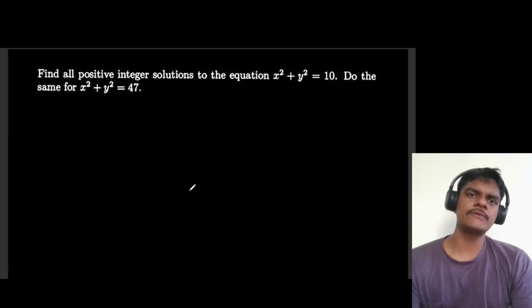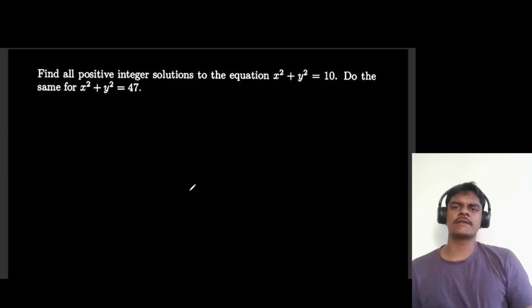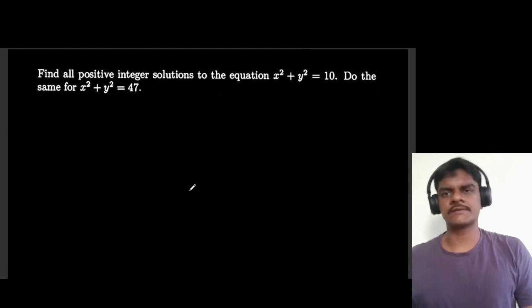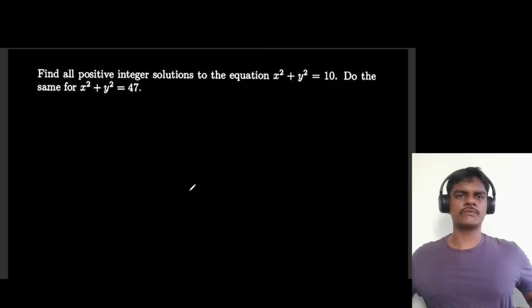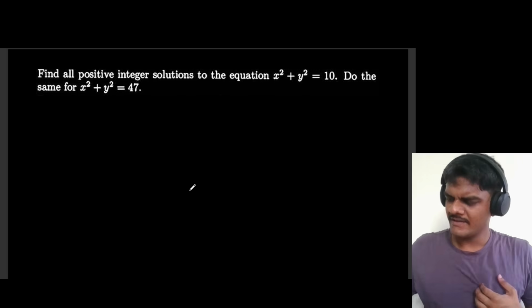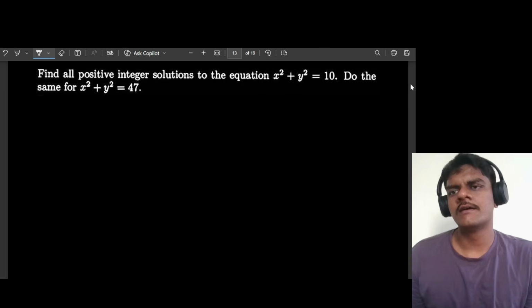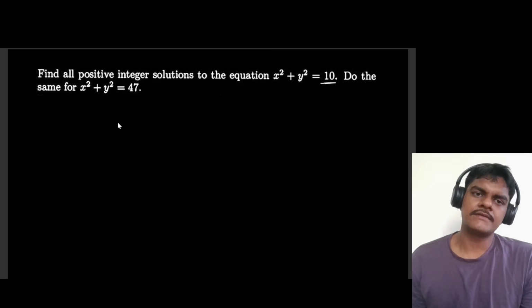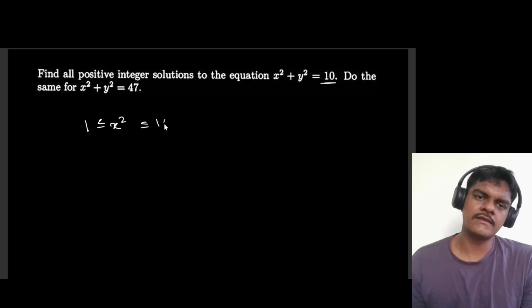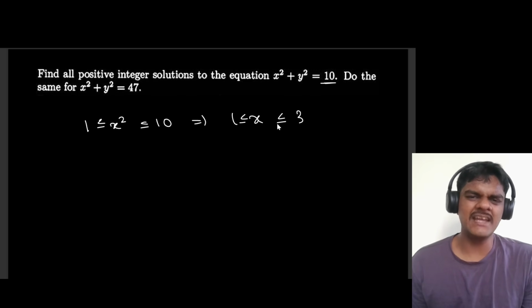Find all the positive integer solutions to the equation x square plus y square is equal to 10. Do the same for x square plus y square is equal to 47. So this is actually very easy. What is the greatest square which is near this, right? That means x square is between 1 and 10, so x is between 1 and 3, I think.